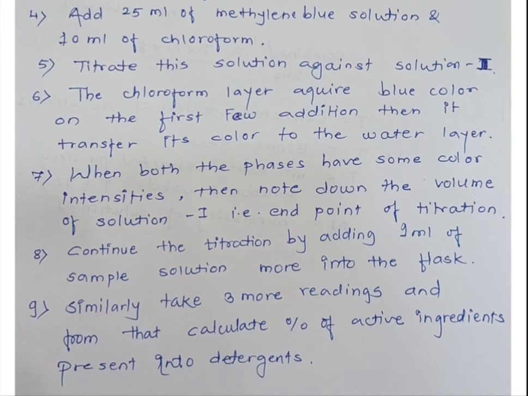And when the same color intensity is observed, that should be our end point of the titration. Then again we have to add 1 ml of the solution from Burette 1 and then titrate against solution 1. So similarly take 3 more readings and from that we have to calculate the percentage of active ingredients present in the detergents.